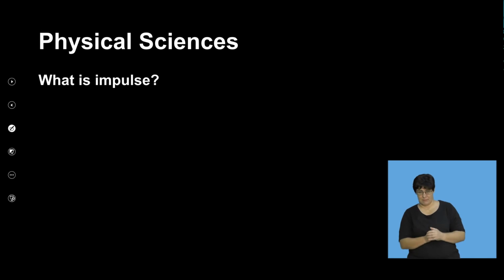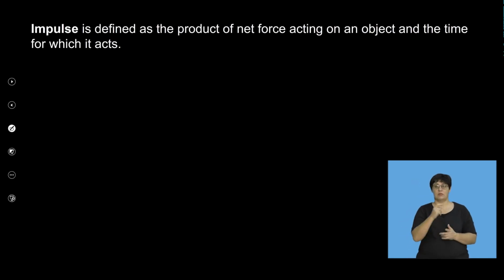In science, we define impulse as the net force acting on the object multiplied by the time it takes for that force to be exerted, which is quite weird, let's just be honest. So, impulse is defined as the product. Guys, this is very important.